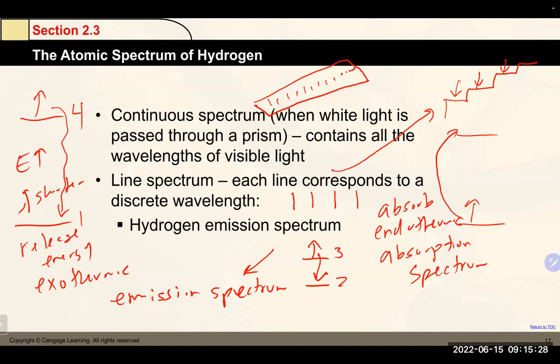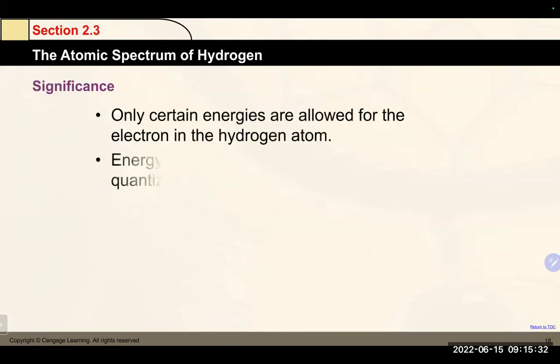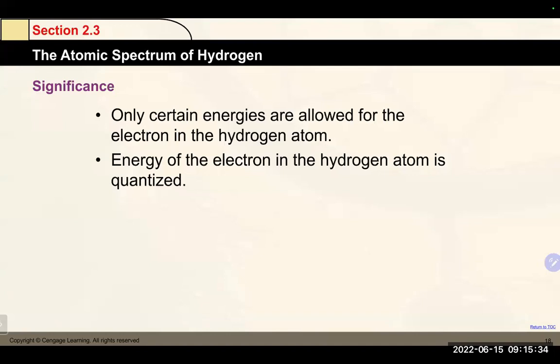Any questions on that? So hydrogen's emission spectrum allows for really only certain energies of the electrons in the hydrogen atom, and it definitely is quantized. And this is the idea of Bohr and his model of the hydrogen atom: electrons are in fixed orbits and can only travel from one energy level to the next.